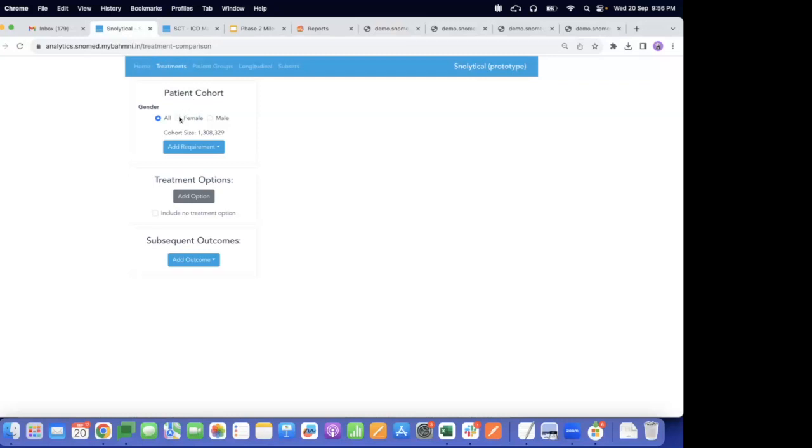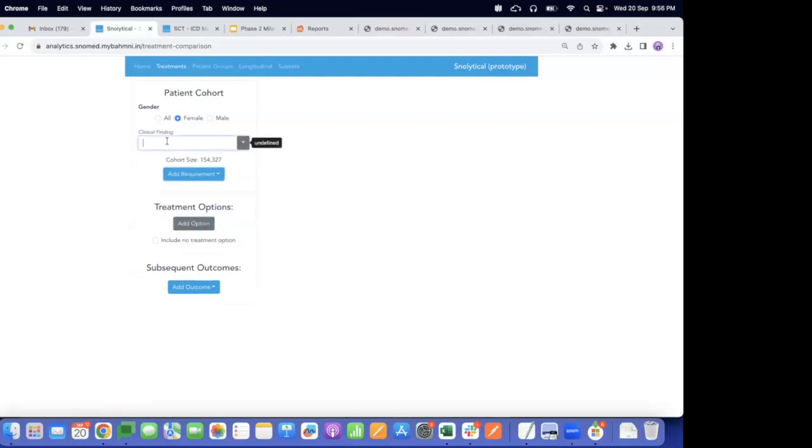So here we'll choose the cohort as female and add the requirement as pregnancy, right? So we want to see the impact of these supplements on maternal outcomes, right? So let's say the outcomes that we are basically worried about are premature delivery or iron deficiency, right?